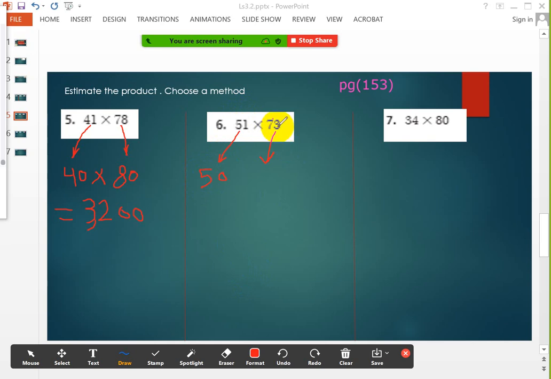Okay? What about 73, Taleen? If I want to round 73 into the nearest 10, it will be what? 73. This is tens. Before the tens, what is the number? 3. 3 is less than 5 or greater than 5?